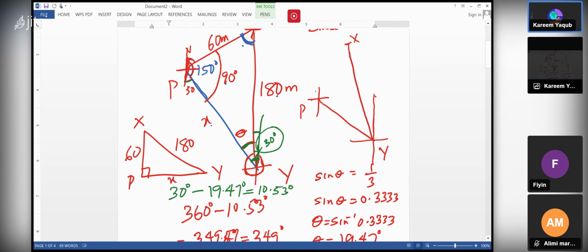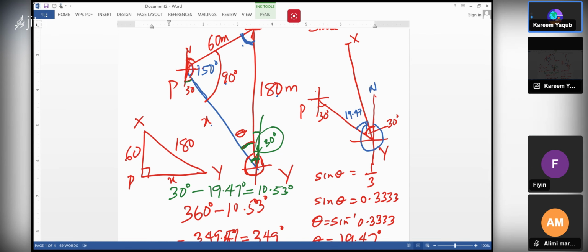This angle here is 30 degrees, which is alternate to this angle here, 30 degrees. Are you with me? Yes, sir. Now, we calculated this part here to be 19.47. Now, the angle we are looking for is from this north pole to this line. So it will move like this to this line.